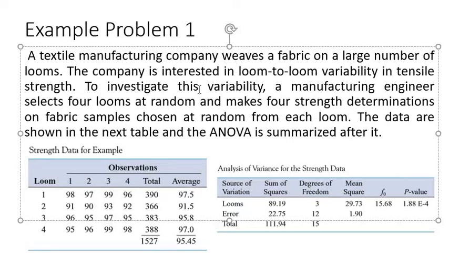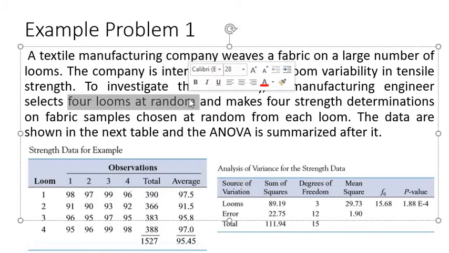To investigate this variability, a manufacturing engineer, so it must be you as industrial engineers, selects 4 looms at random, meaning he selected a random factor, and makes 4 strength determinations on fabric samples.